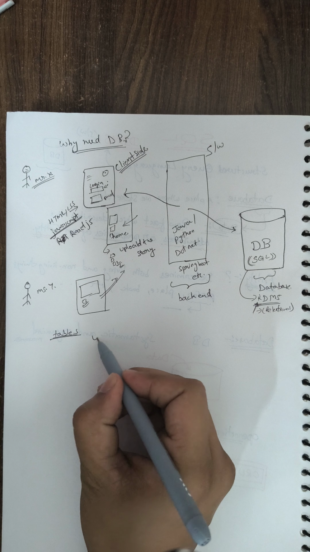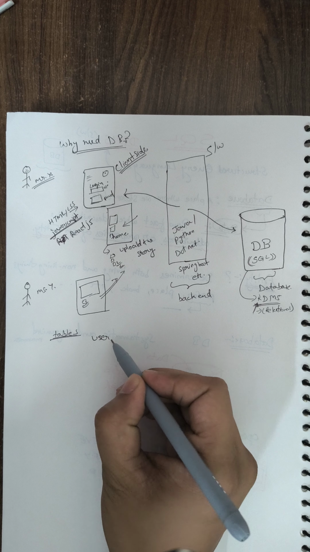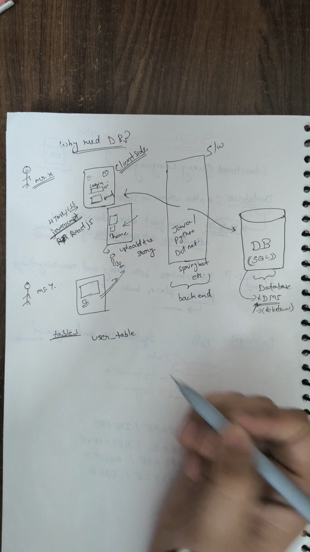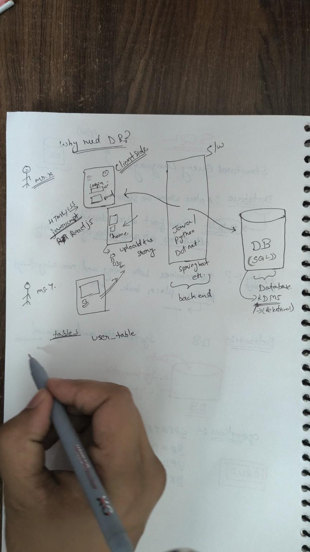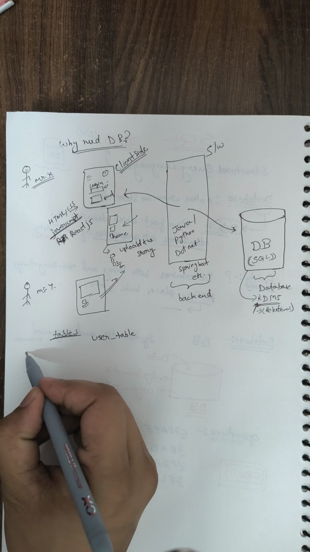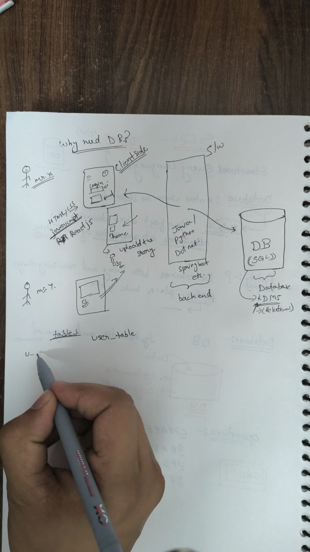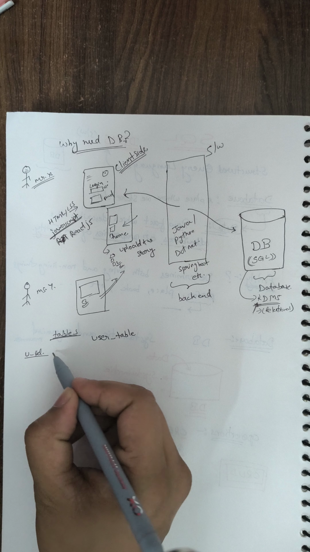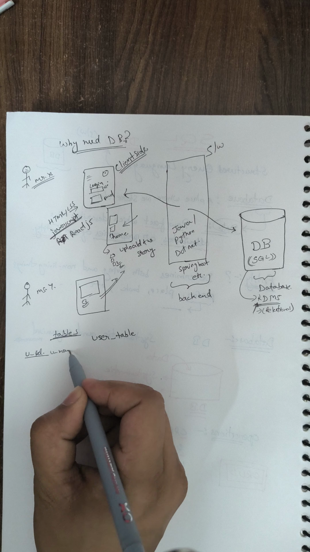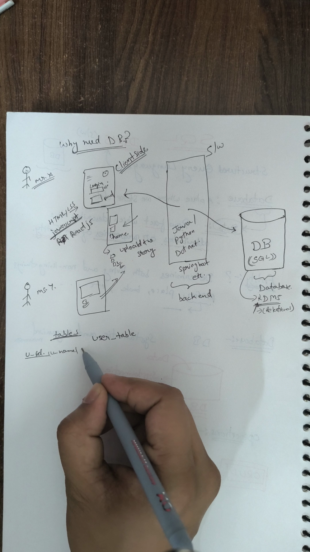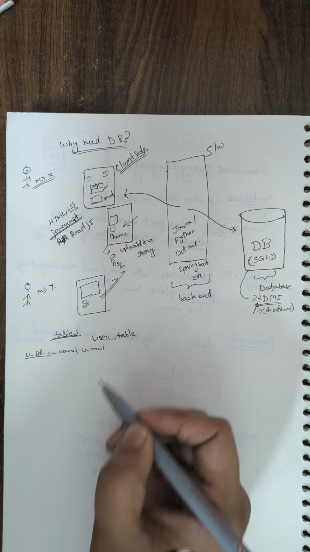There must be a table named user, where there will be columns: a unique user ID, user name, and user mail.